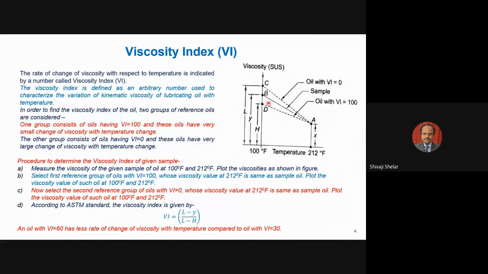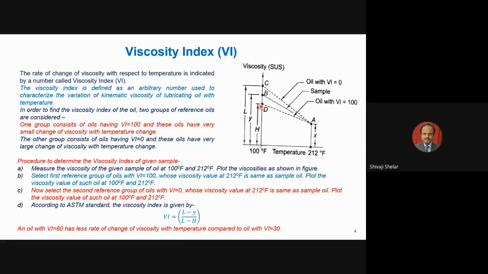Then what is the viscosity index of this AB line, or viscosity index of that given sample? To determine that value, you have to use this formula. According to ASTM standard, the viscosity index is given by VI is equal to, for the given sample here, L minus Y upon L minus H. L is the viscosity value at 100 degrees for viscosity index 0.